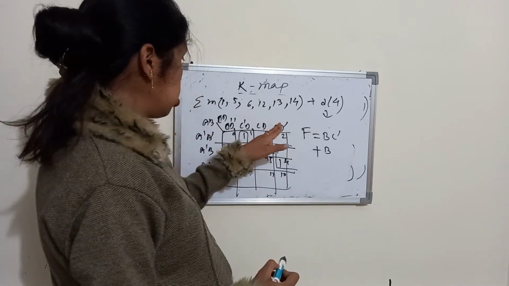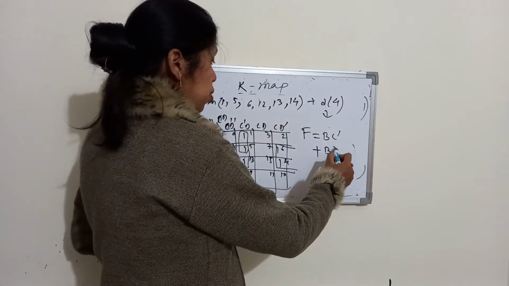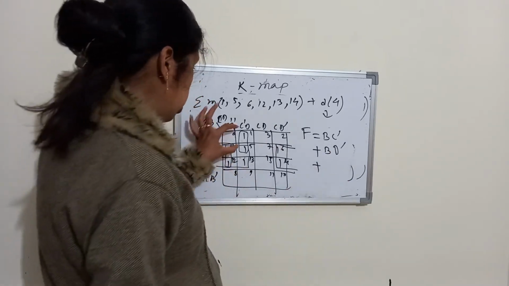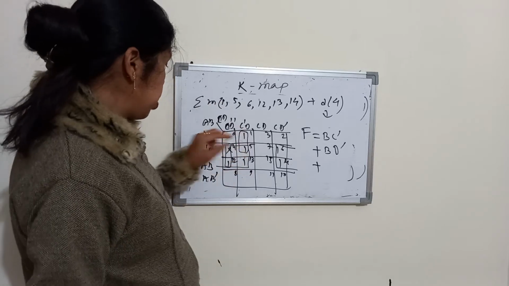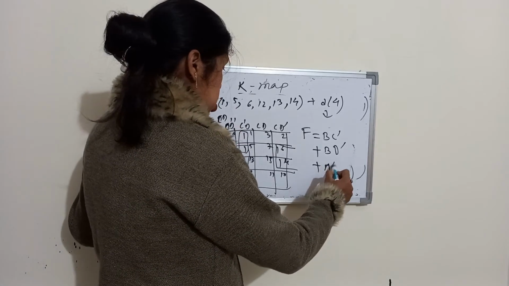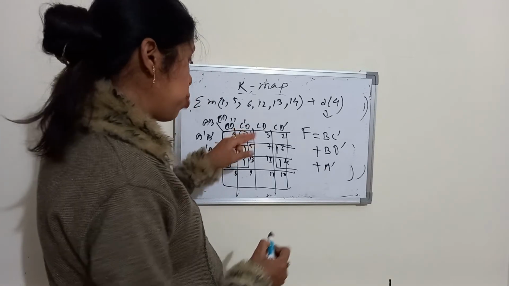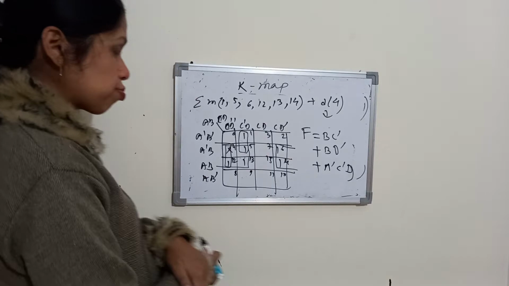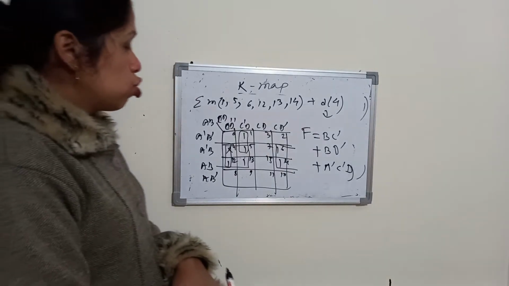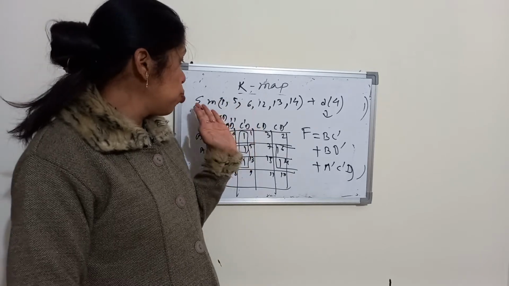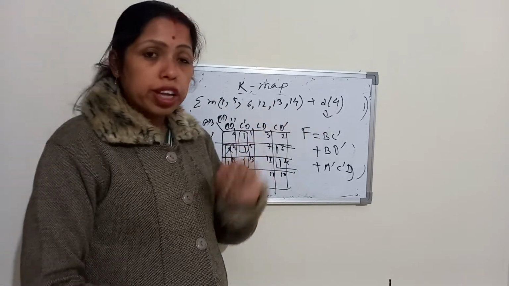If I see the vertical value, d prime is constant. Now this pair: if I see this value, a prime is constant, and c prime and d both are constant. So this is the minimum expression for min terms which have don't care.